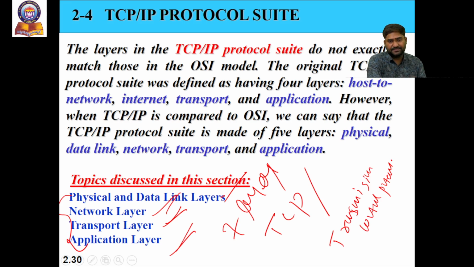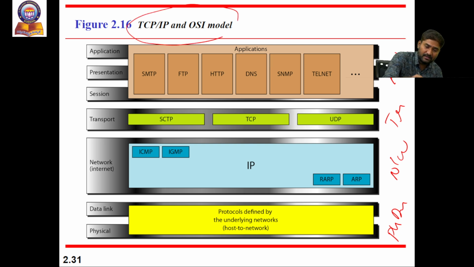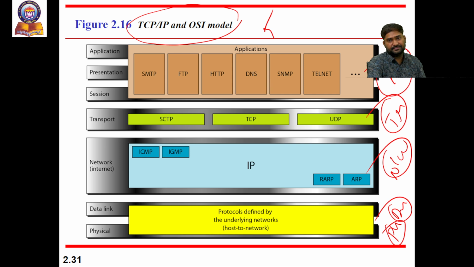Remember the differentiation. When I talk about TCP, it has 4 layers. When I compare with the OSI model, I have 5 layers: physical layer, data link layer, network layer, transport layer, and application layer.